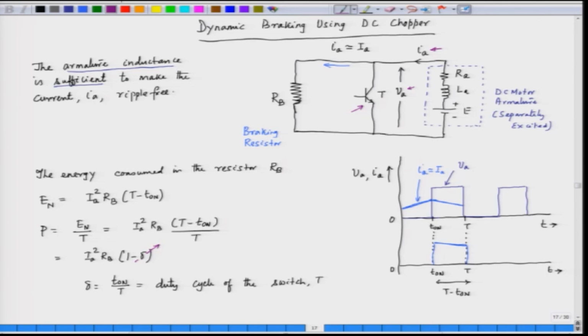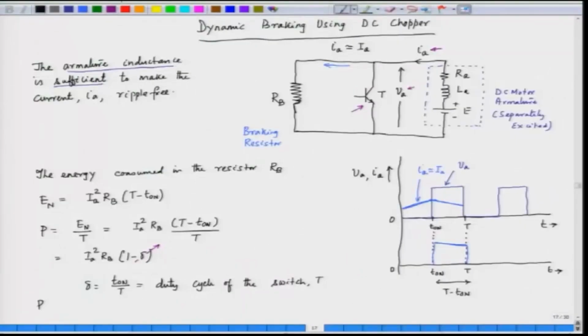It means the motor can be braked by controlling the duty ratio or the duty cycle of the switch T. So, the effective braking resistance seen by the motor is a variable one. Although we have a fixed resistor, by using a chopper switch we are able to convert that into a variable resistor.